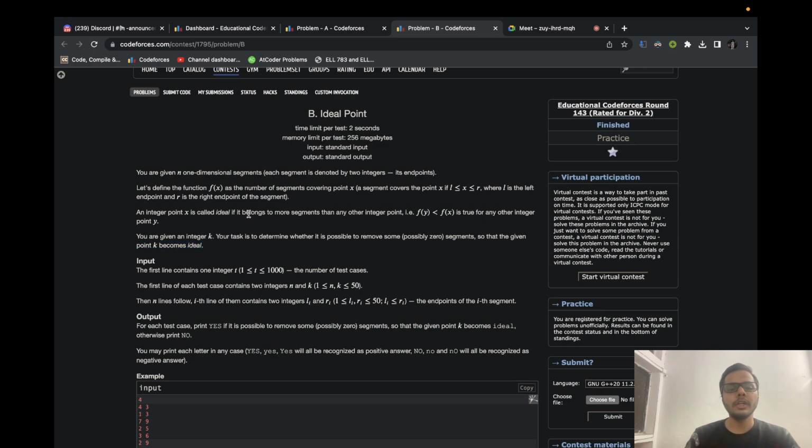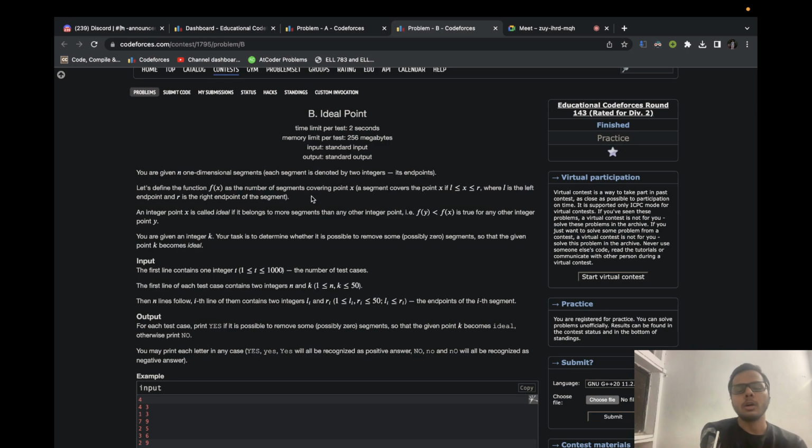The definition of a point x being ideal is that f of x should be greater than f of y for all y. And f of x is nothing but the number of ranges in which the number x occurs. So if there is a range from L to R, then all the numbers from L to R have 1 incremented to their f value.